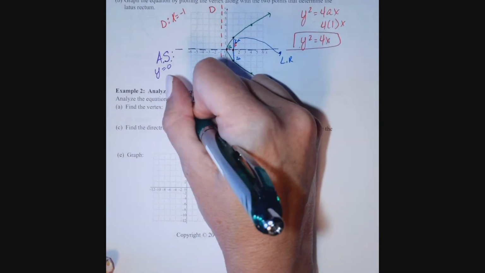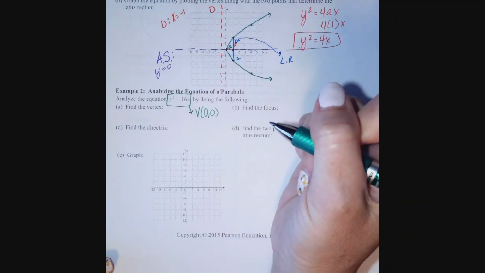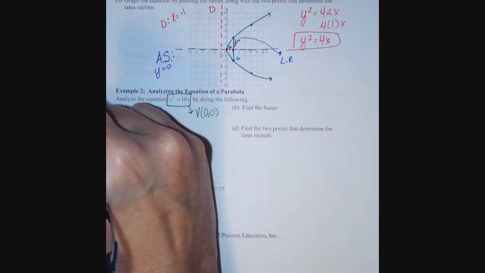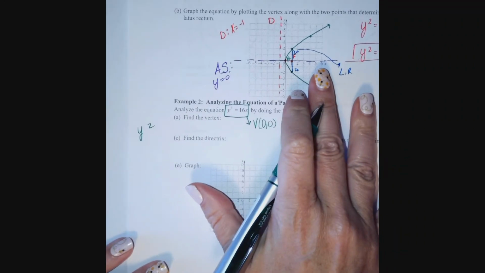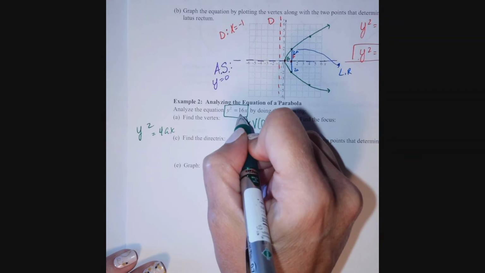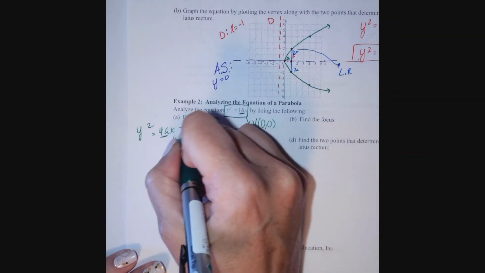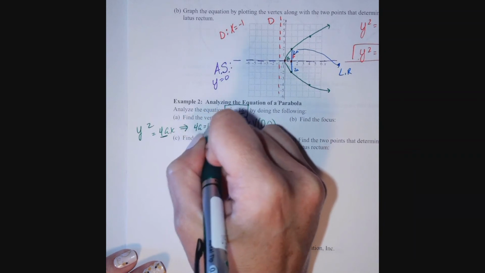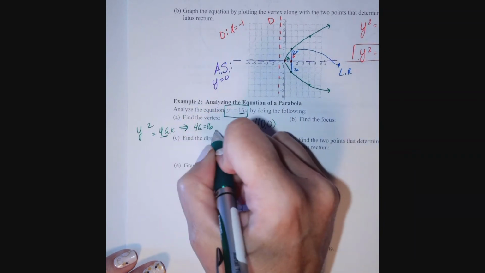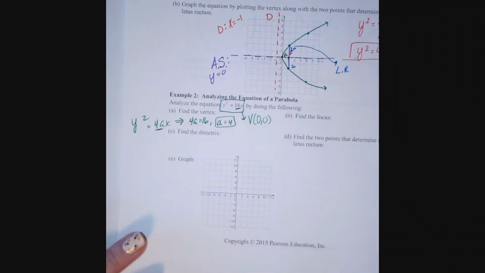So the vertex is at the origin. My equation is y squared equals 4ax. And I have 16x, that means 4a has to be equal to 16, which gives me a value of a as 4.